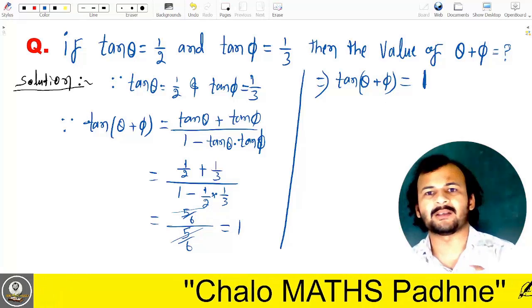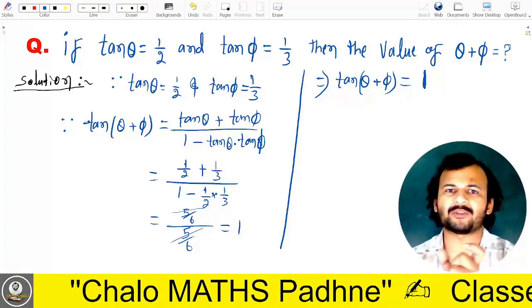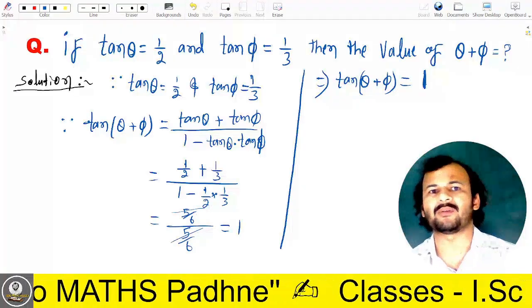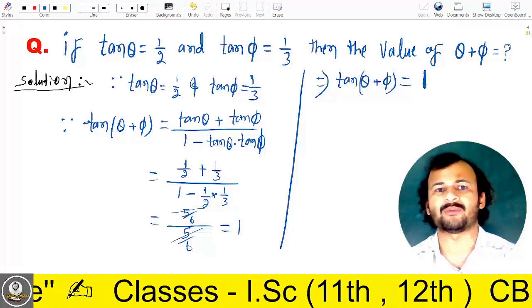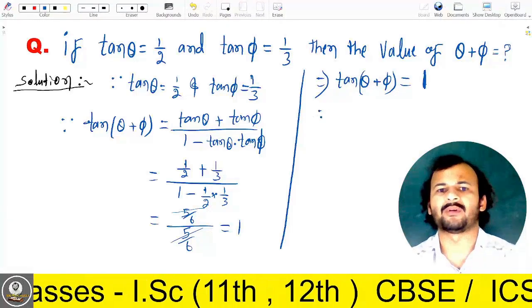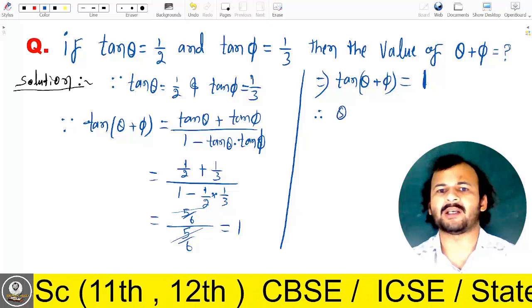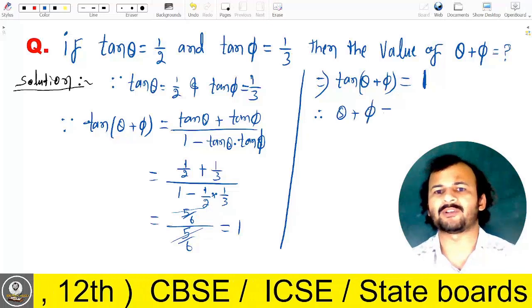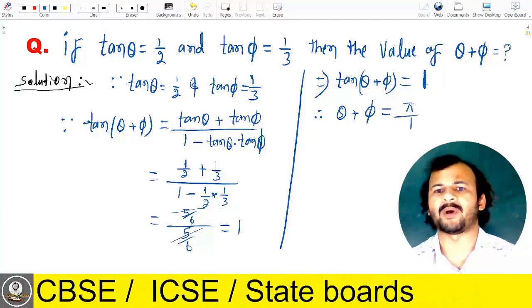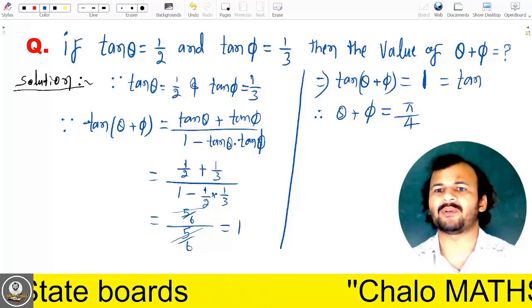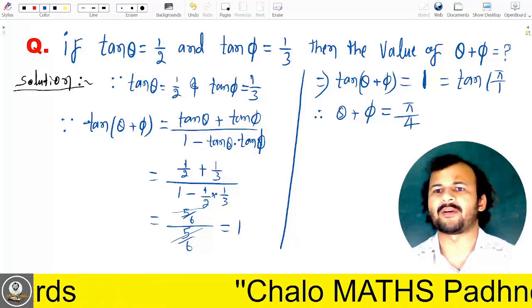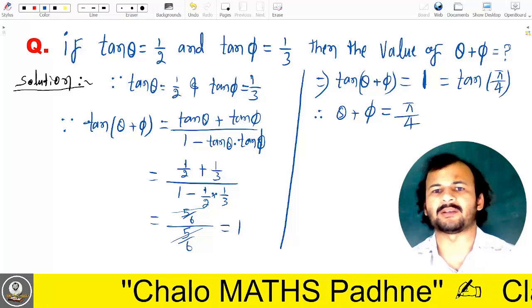Okay, and tan of the angle is equal to 1, then the angle must be equal to pi by 4, because we know that tan 45 degrees is equal to 1. So we write theta plus phi is equal to pi by 4, because we know that tan pi by 4 is equal to 1, right?